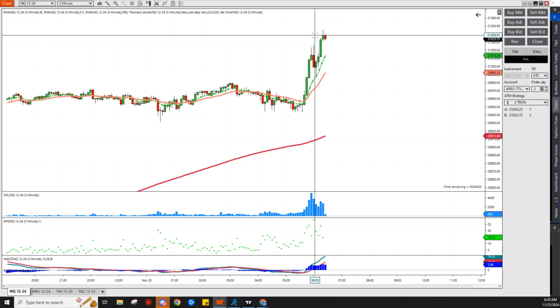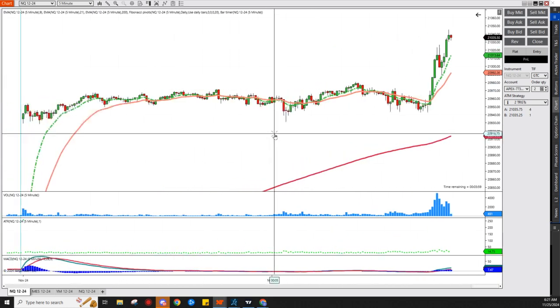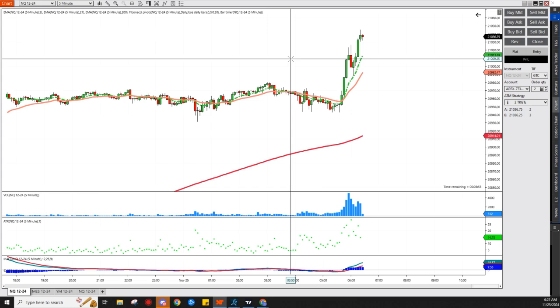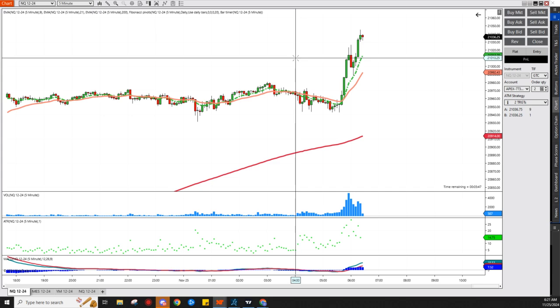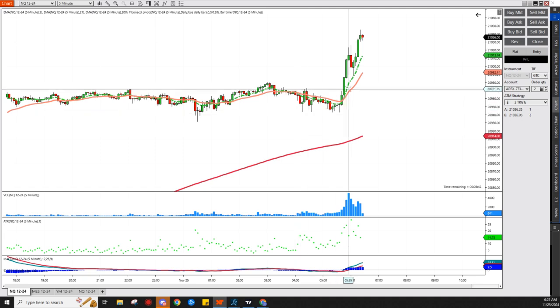That's when I want to do the ideal short on this one. And even then, I'm not looking for anything too crazy. I would be looking for somewhere in this vicinity here, 21017, so what? 20 point move. Not too bad.